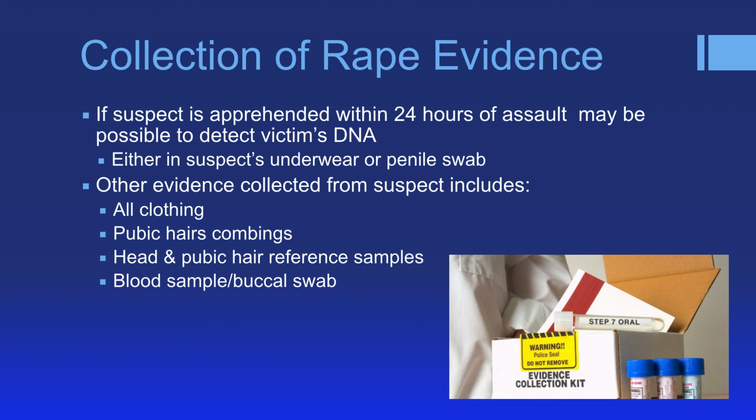Other evidence collected from suspects includes all of their clothing, pubic hair combings, head and pubic hair reference samples, and a blood sample or a buccal swab, the swab from the inside of the cheek. Hopefully they'll be able to link the evidence found on the victim with the suspect, and if not, that may exonerate that individual.